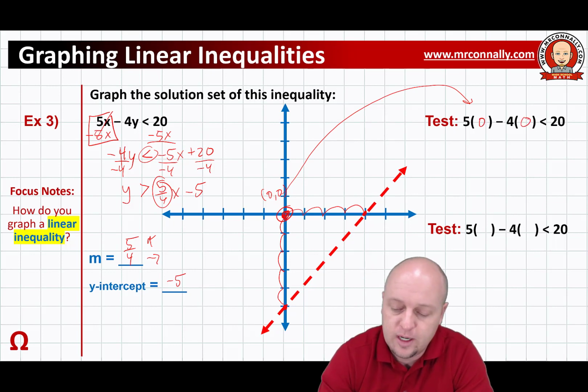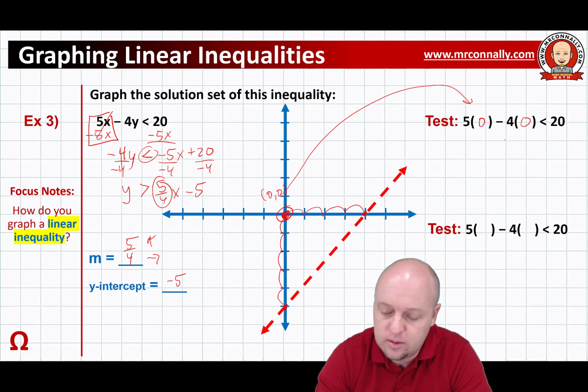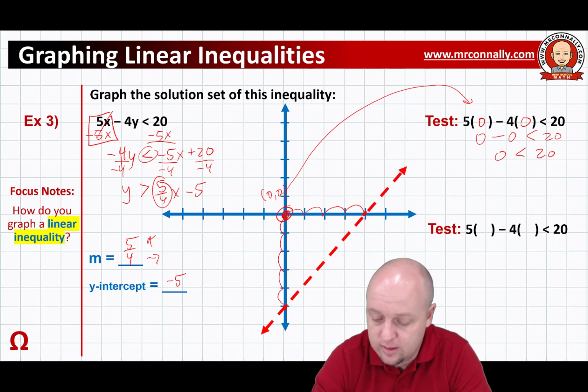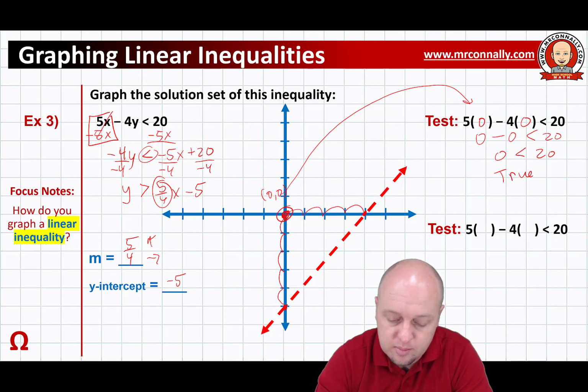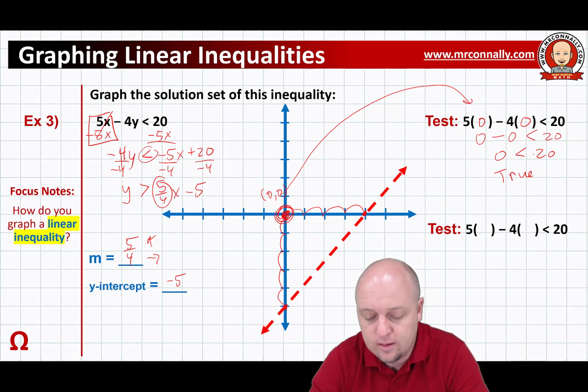So let's put in a 0 for x and a 0 for y. We'll say 0 minus 0 is less than 20. And is 0 less than 20? Is this true? Yes, it is smaller than 20, so that means this is true. So this is a possible answer. That must mean everything else around it is also a possible answer as long as it's above the line.